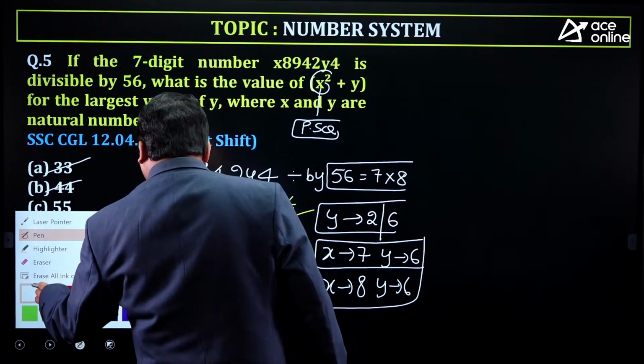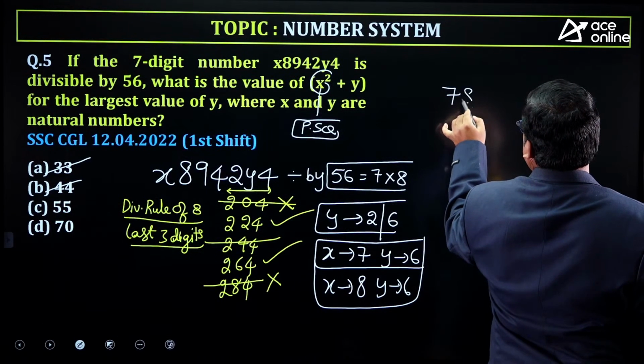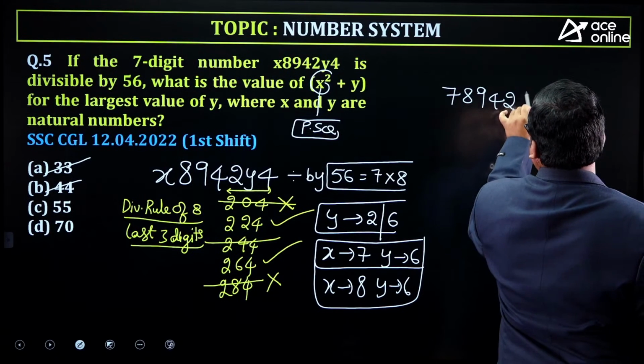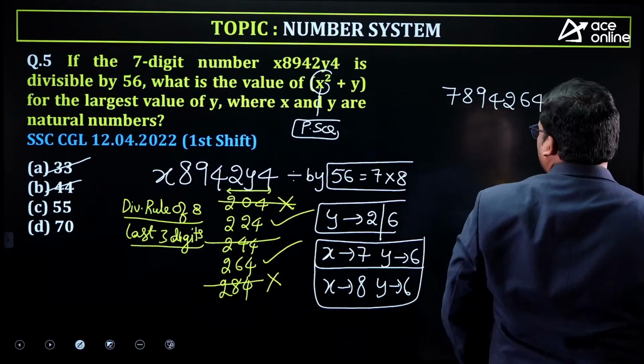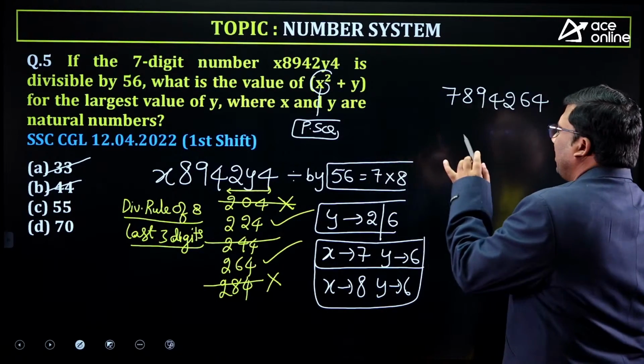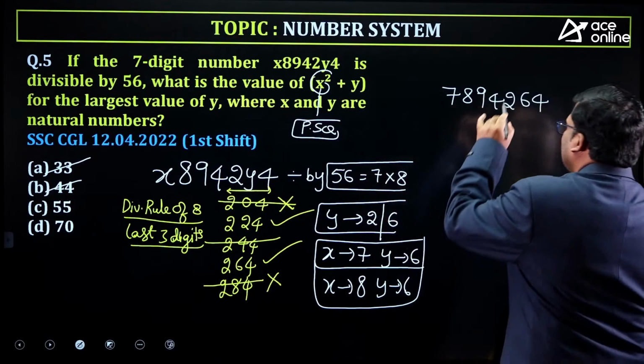Suppose x is 7. So this will be 7, 8, 9, 4, 2, and the y value is 6. So the number is 7,894,264. Check whether it is divisible by 7. What is the divisibility rule of 7? Start from the right-hand side.